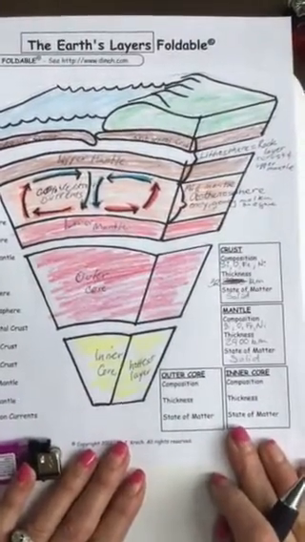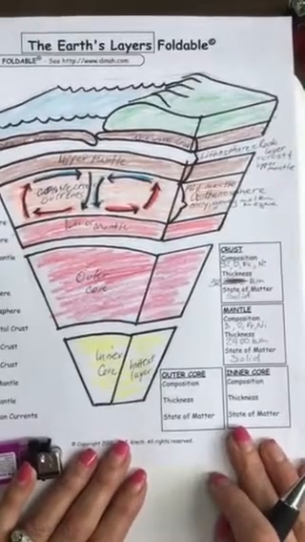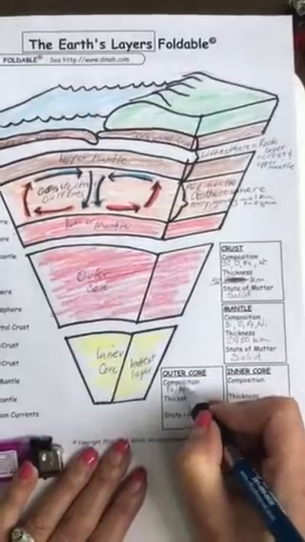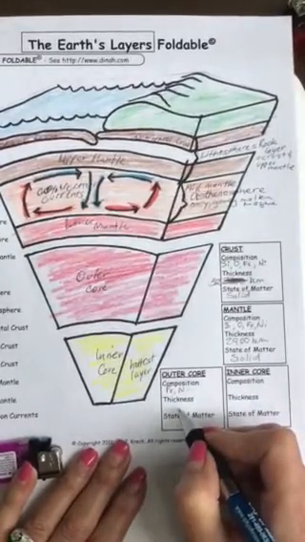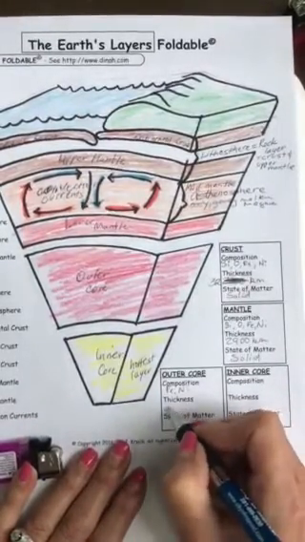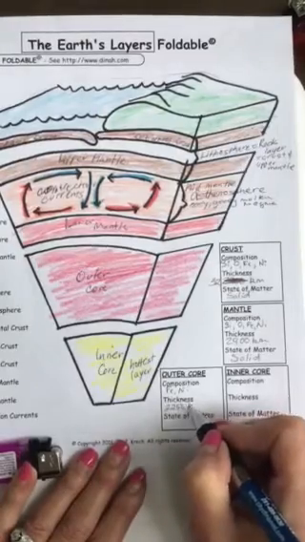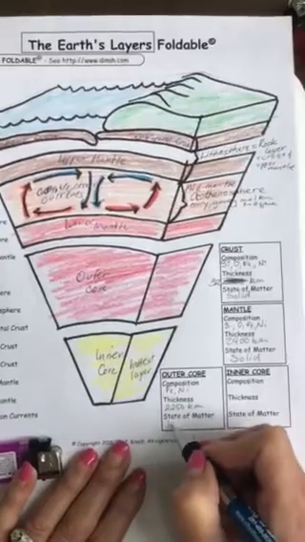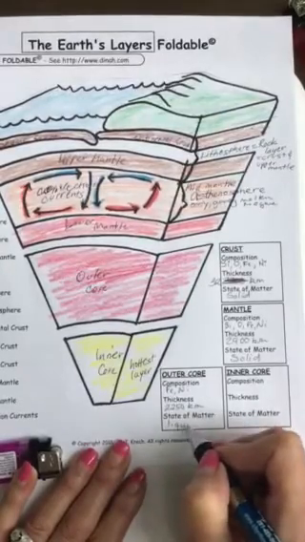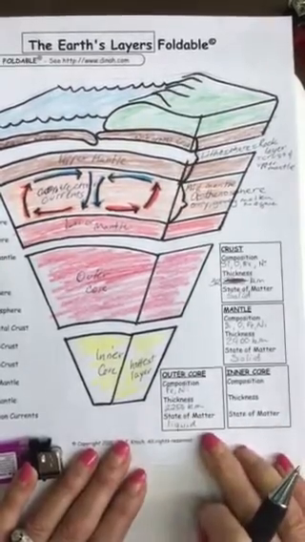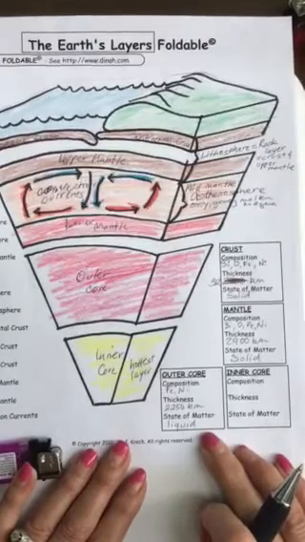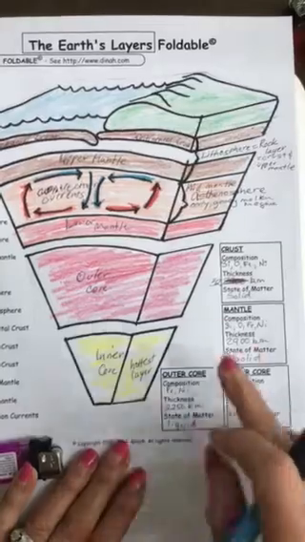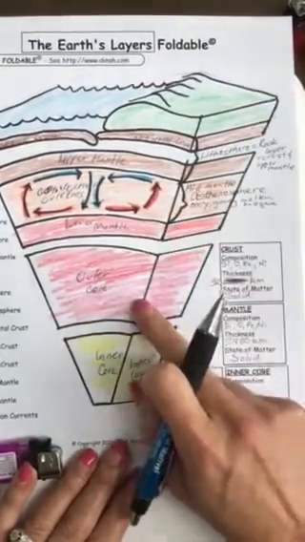What's interesting here is when we get to our outer core, it is basically iron and nickel. Its thickness is about 2,250 kilometers in thickness. And the state of matter here, as we already said, oh no, we haven't said that yet, is liquid. The outer core is liquid, and the outer core is in motion similar to the mid-mantle.